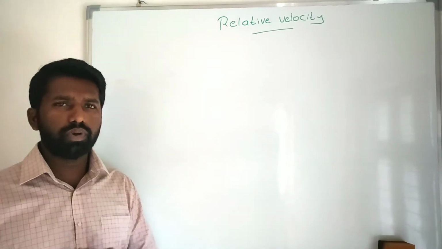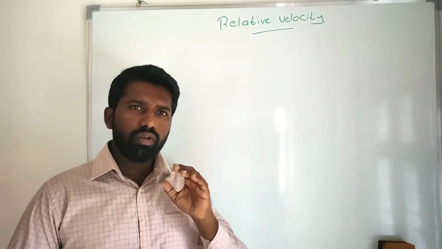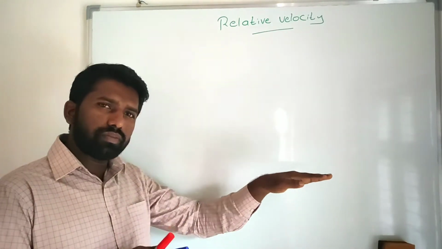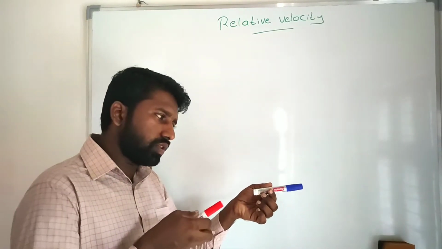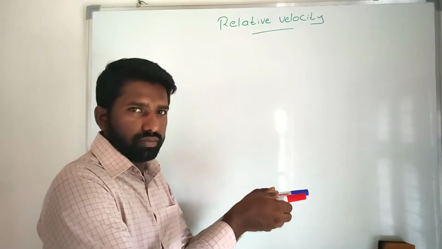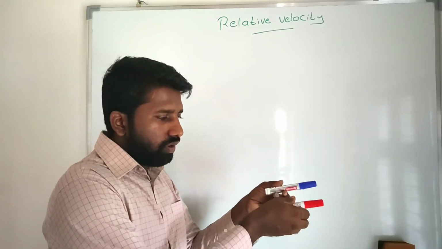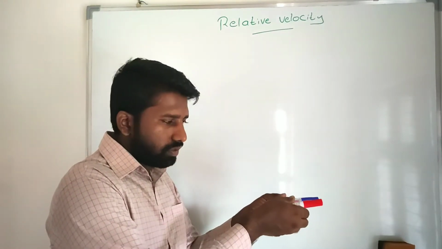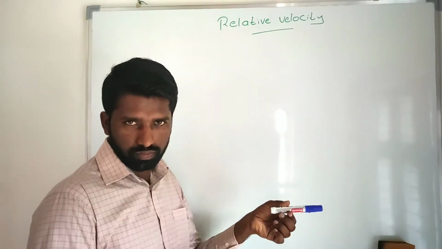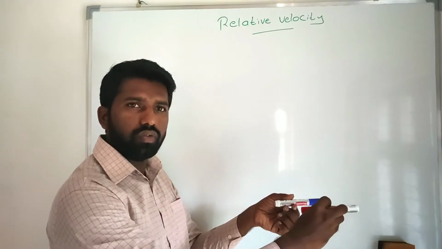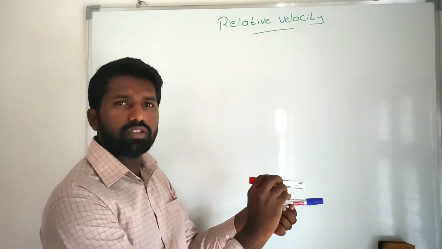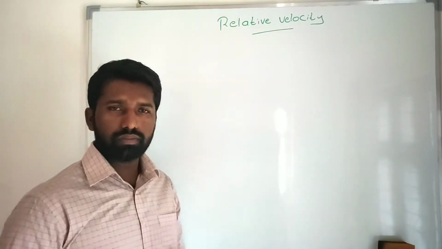If you are moving in a bus in this direction, okay, this is the bus, and there is another bus moving in the same direction, you will feel that this bus is at rest. If this bus is coming in the opposite direction, you will feel that this bus is moving very fast.